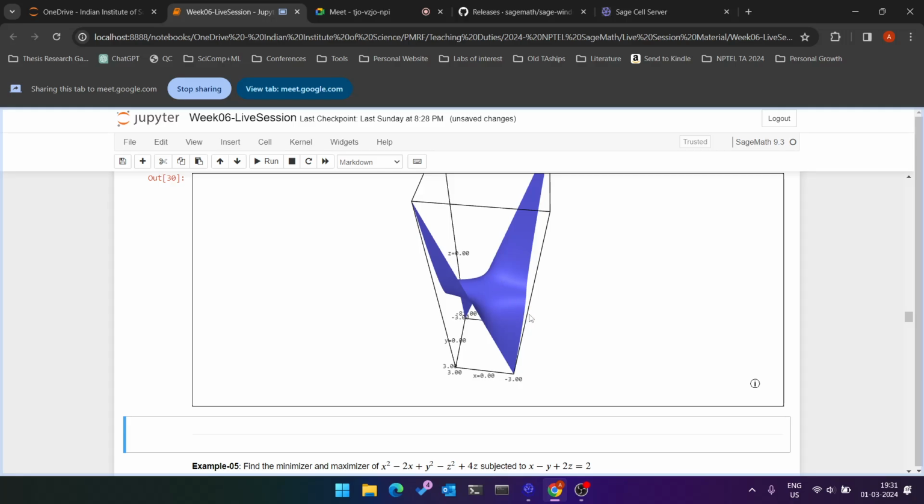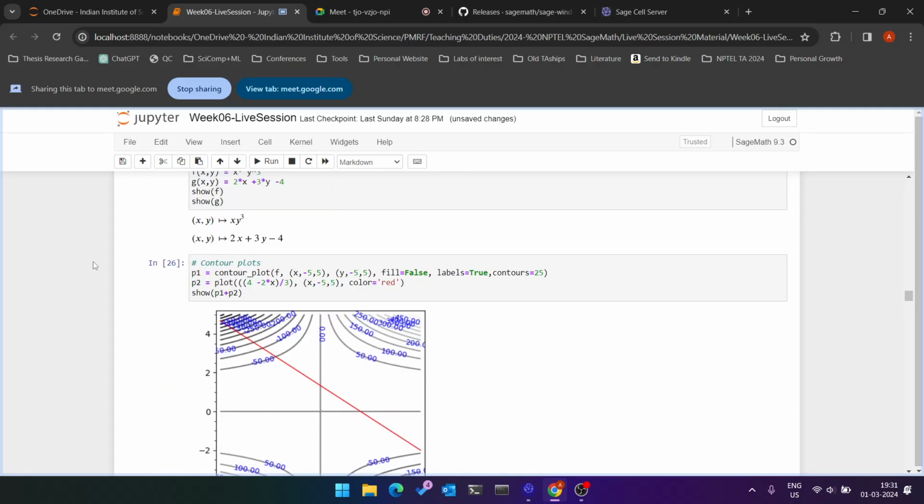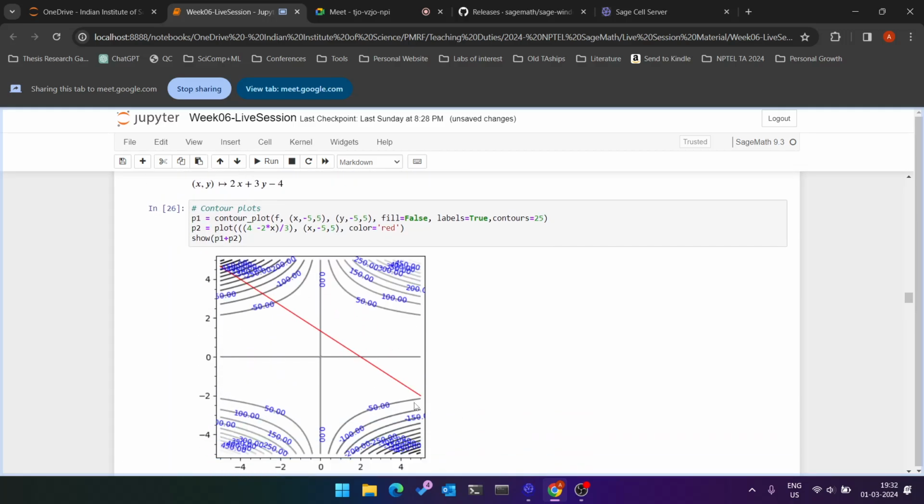So on both ends of our constraint line, our function basically increases to a point, then decreases and goes negative. So somewhere here in between we have a maximum.